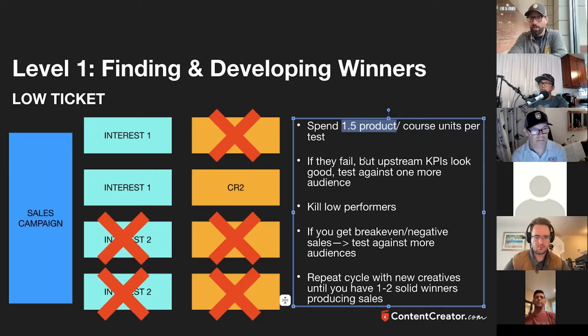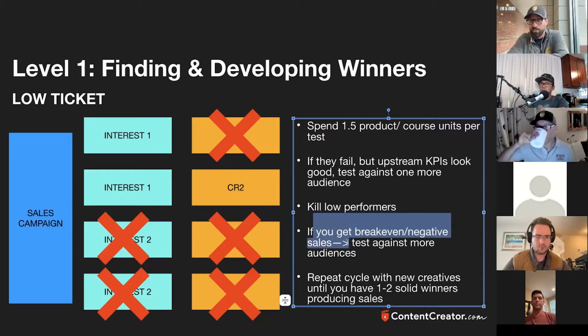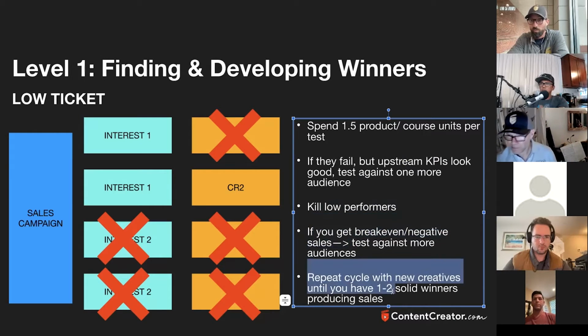One other thing you'd look at is if your upstream KPIs, your click-through rates, are doing great, you're getting good cost per clicks, all of that. If that's looking great, maybe test one more audience just to see if maybe you missed the audience. But overall, we want to kill any of the low performers. If you're getting break-even or negative sales, you can test it against more audiences, and you'll repeat this cycle until you have 1 to 2 solid winners producing sales.